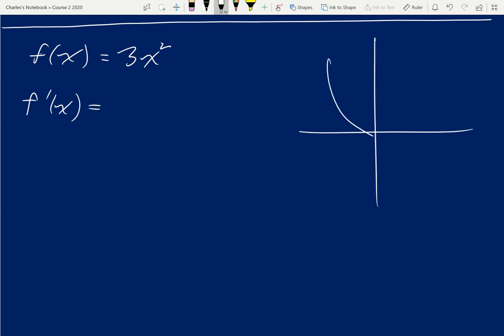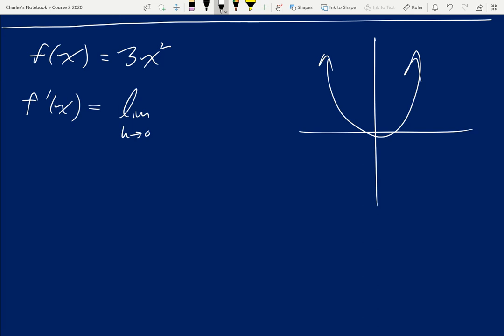Well, okay, 3x squared looks like a parabola too, but if I don't put in a point, and I keep this as an expression, what I'm going to be able to do is find a function that will give me the instantaneous rate of change at any point along that curve.